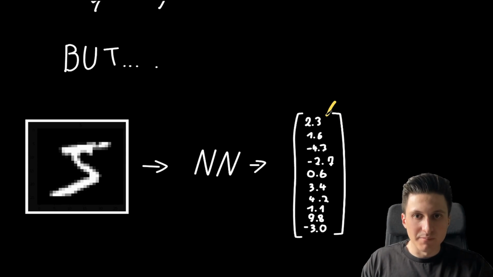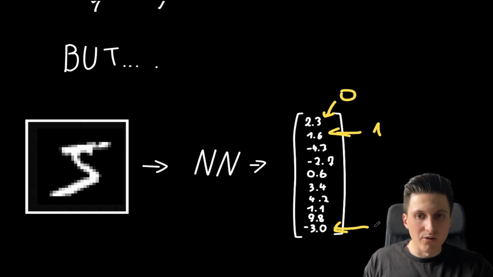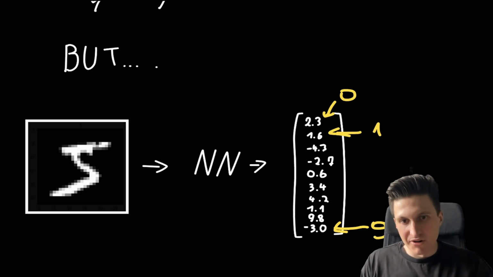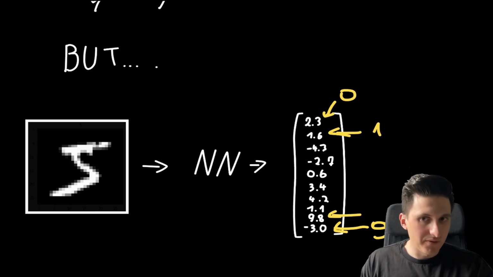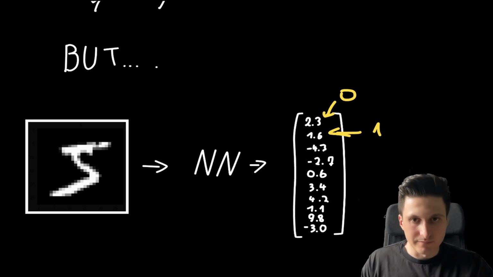So this is basically the confidence that the network thinks that the number is 0. This is the confidence that the number is 1. And the last value will be the confidence that the number is 9. And larger numbers just mean that the network has more confidence. So it probably here thinks that the number 8 has the most amount of confidence.